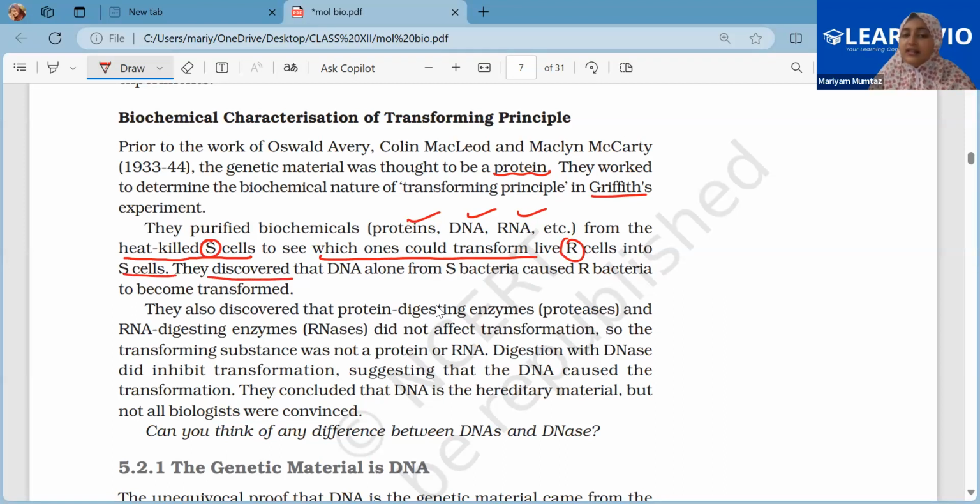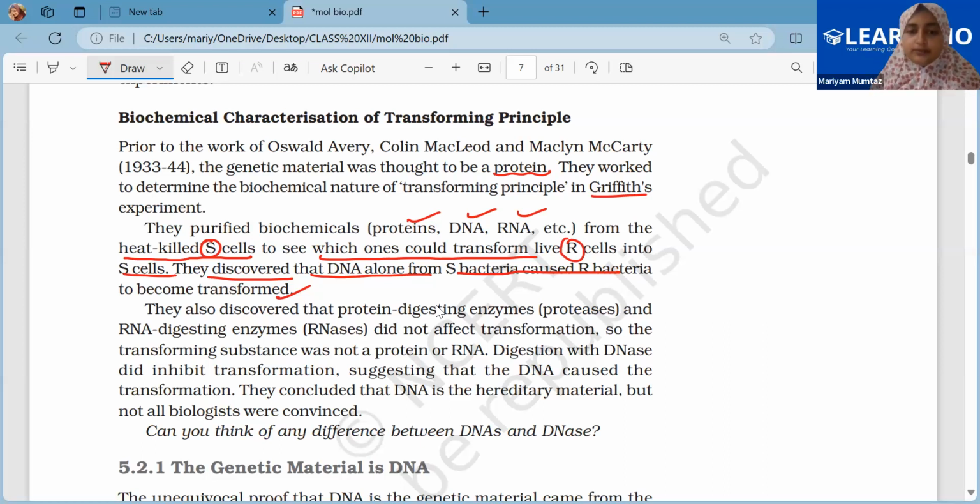They discovered that DNA alone from the S strain bacteria caused the R strain to become transformed. So they did a test on each of the biochemicals that could be there: proteins, DNA and RNA.